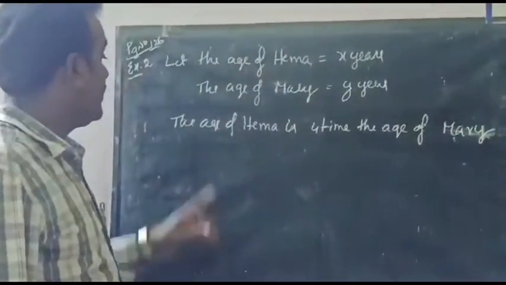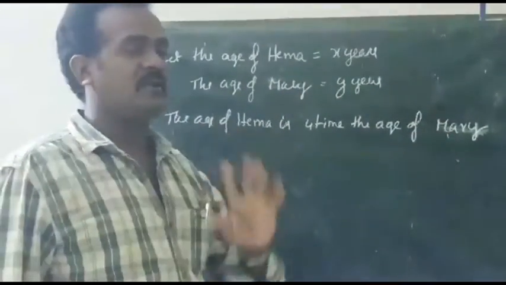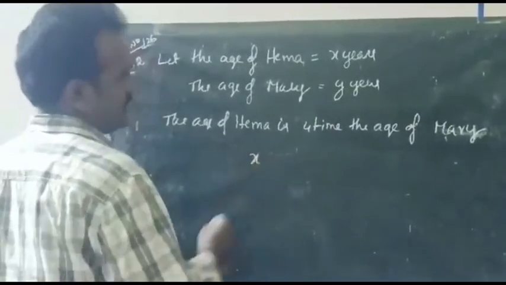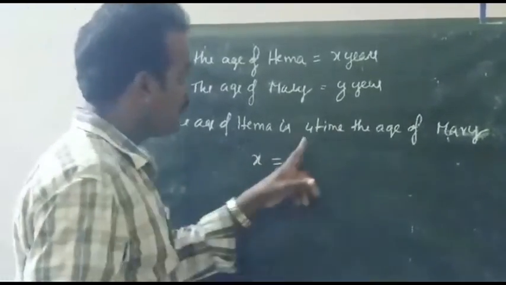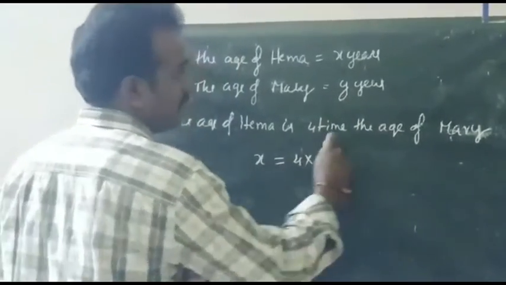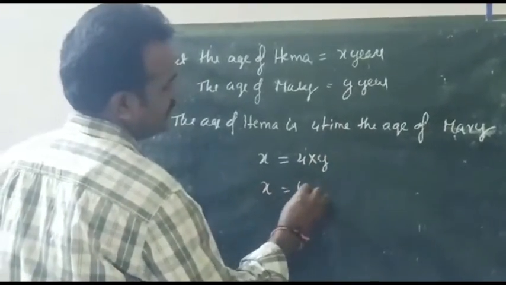Hema's age is x, which is equal to 4 times the age of Mary. Mary's age is y, so 4 into y. So x is equal to 4y.